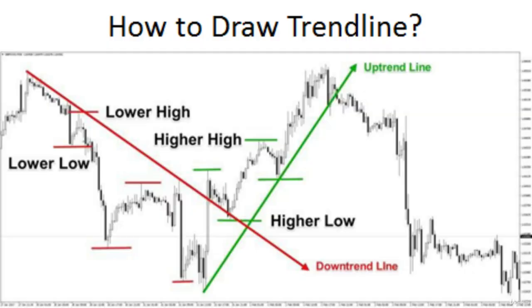We understand trend lines in a simple form by taking a chart example. As the chart on your screen shows, if we connect the successive lower highs, it is signified by a red line. That red line is called a downtrend line. You also see horizontal red lines, which clearly signify that the trend series is in downtrend.